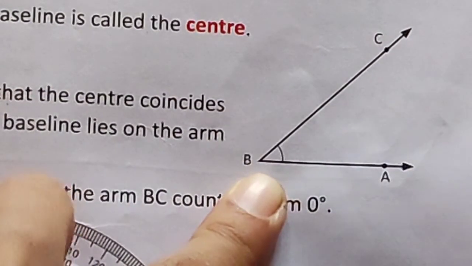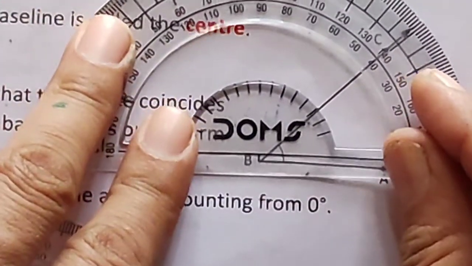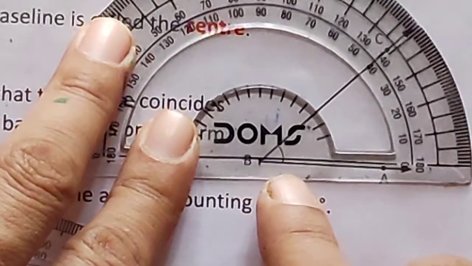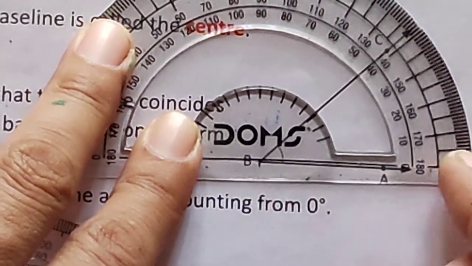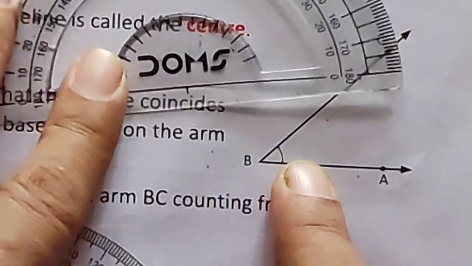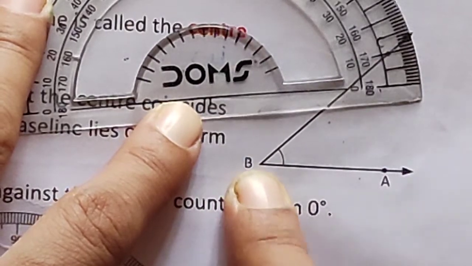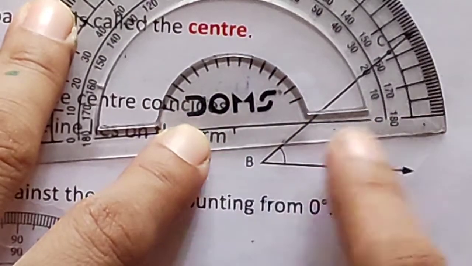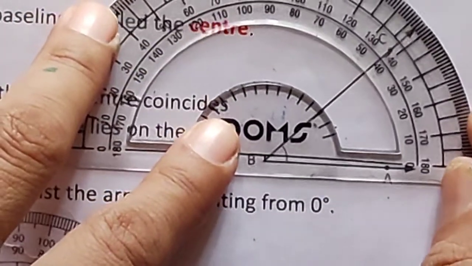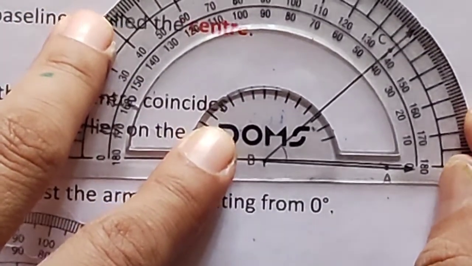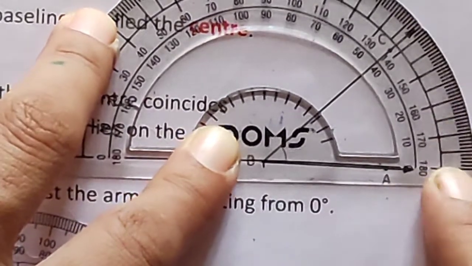Here is the vertex, this is vertex B. So you have to put the protractor on vertex B. This is the center point, and this baseline you have to put on the line segment. Okay, see, this is the line segment. So what do you have to do? Put this center point on point B, here, and match the baseline with this line segment. So you have to put the center point on B and the baseline on the line segment.